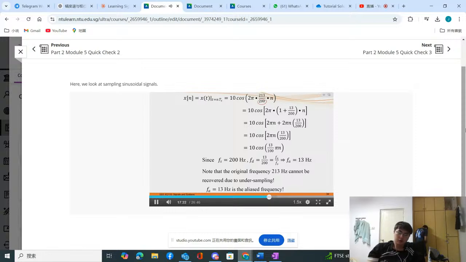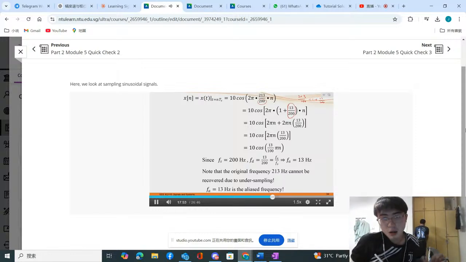So I end up with 10 cosine 2 pi 213 divided by 200 times n. And this 213 over 200 we can rearrange as 1 plus 13 over 200. So the idea here is that you want to rearrange this in such a way that fa over fs is less than 0.5.